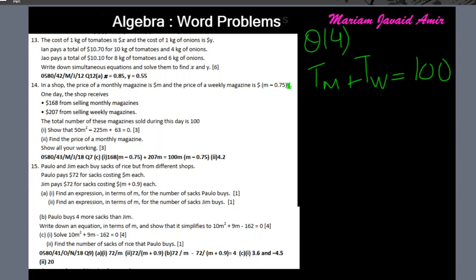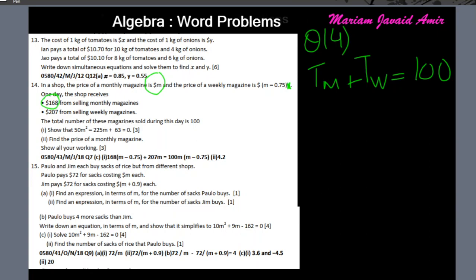So let's write the total number of monthly magazines in terms of M. The shop generates $168 by selling monthly magazines. So what will be the cost of, how many total magazines is he selling?